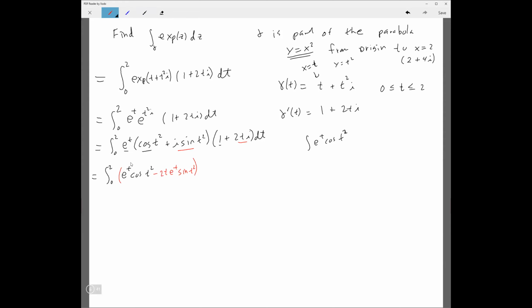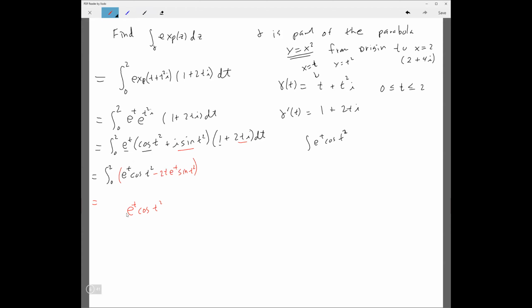Then you're going to have another part, right? Oh yeah, this is just the integral of this. An antiderivative of this is this. So this is an antiderivative of all that.